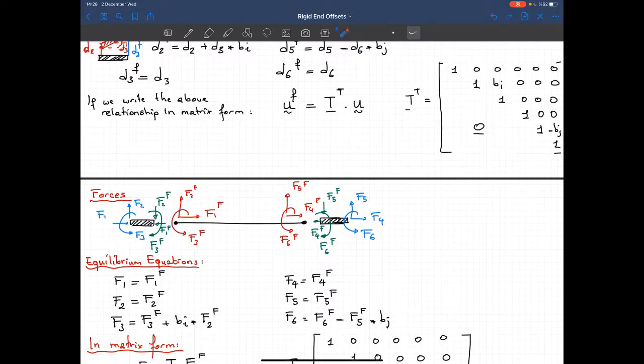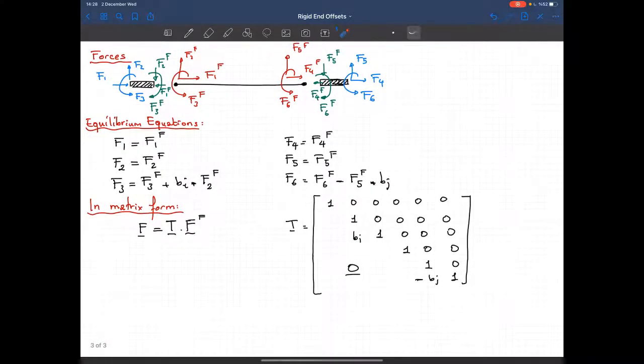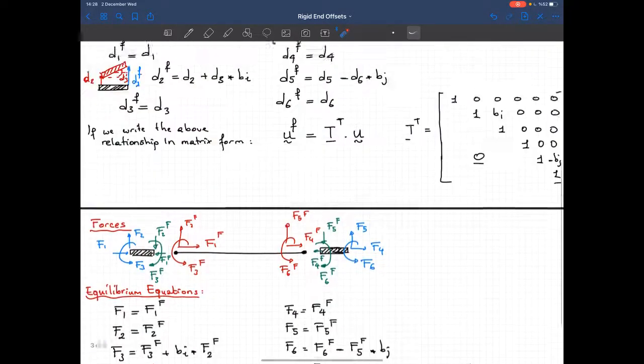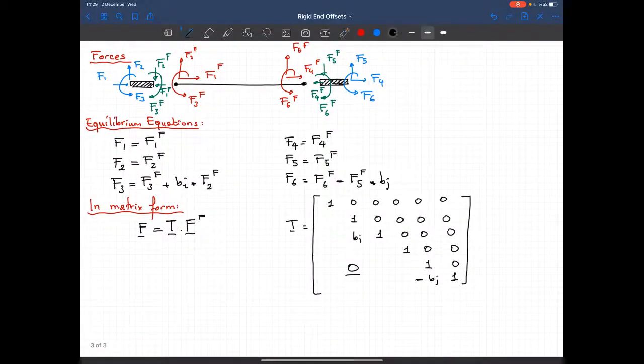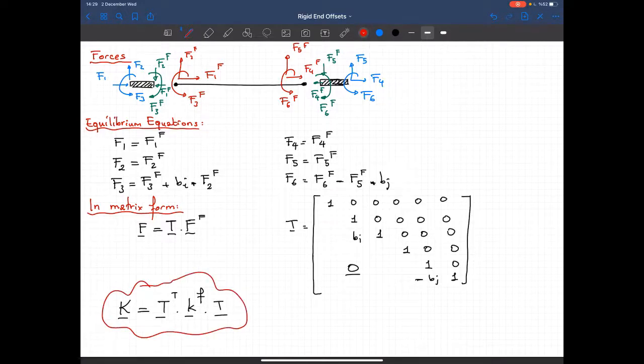Okay, so once we obtain that, how do we obtain the stiffness matrix? The stiffness matrix of our new element is basically: K of the new element is T transpose times the element stiffness matrix for the flexible part times T. So when you do this calculation, you will obtain your new stiffness matrix.